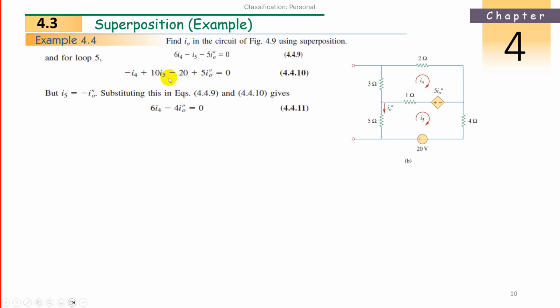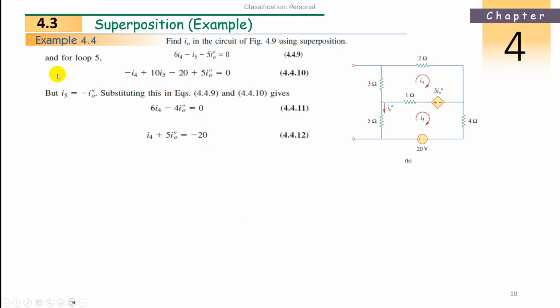Now from this equation, substitute I5 as minus I0 double dash. So it is minus 10 I0 double dash plus 5 I0 double dash, it will become plus 5 I0 double dash. So take 20 to the other side. Now rearrange this one, it will become I4 plus 5 I0 double dash equal to minus 20.